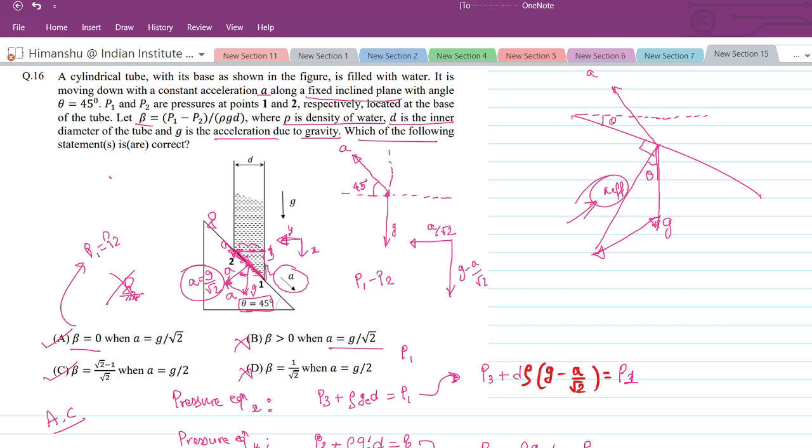Here we could build some equations. This will be theta, and this would be 45 degrees, so this would be 135 minus theta. Now from here you can proceed using the sine rule or any general rule of a triangle.